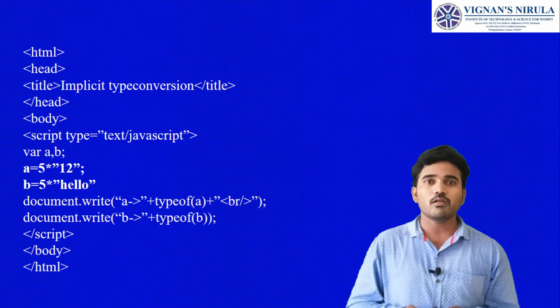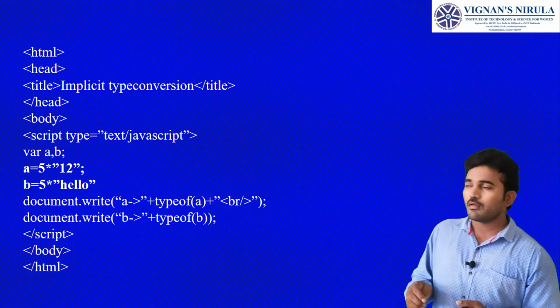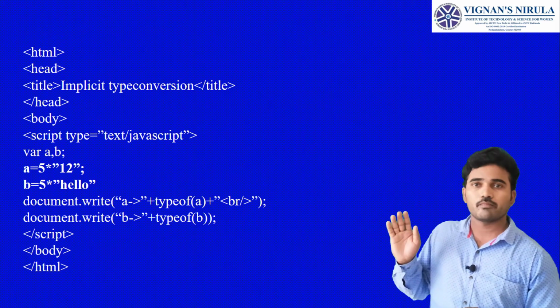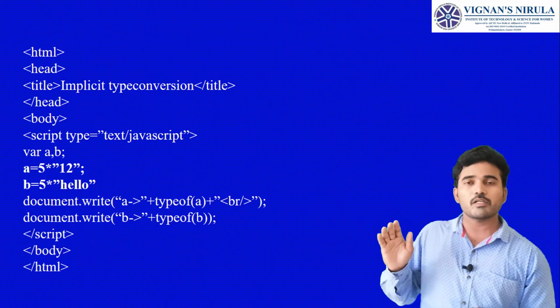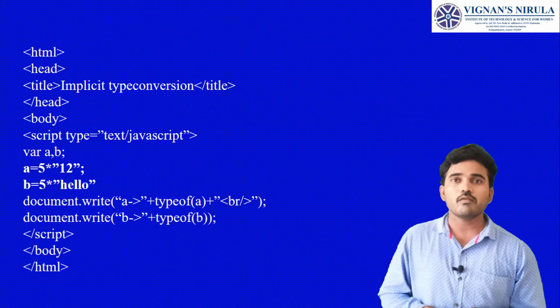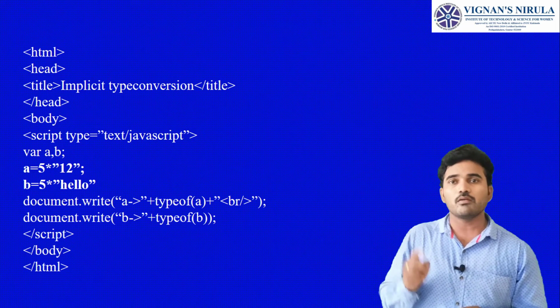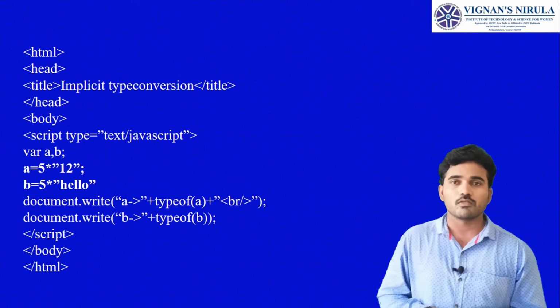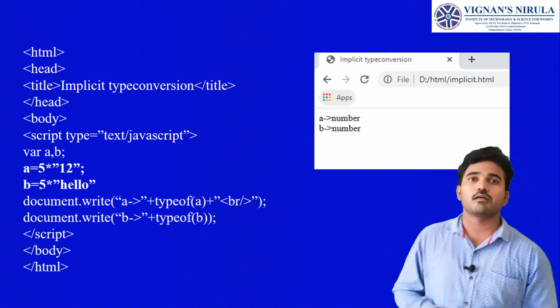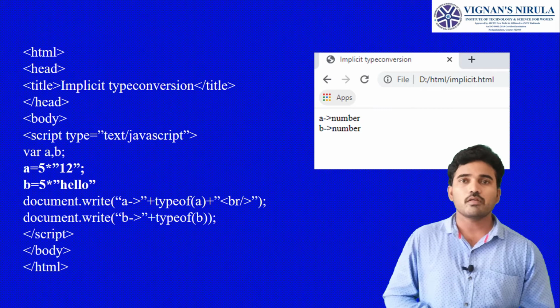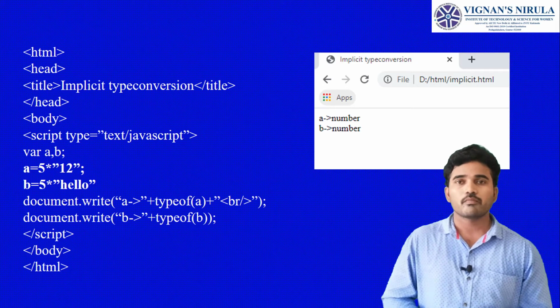In that document.write, we are trying to print typeof A. So the type of the resultant expression A is a number, and the second one is NaN, that's not a number, since we have written 5 * hello. Understood? So in this way you will get the output. So A is a number and B is also a number.